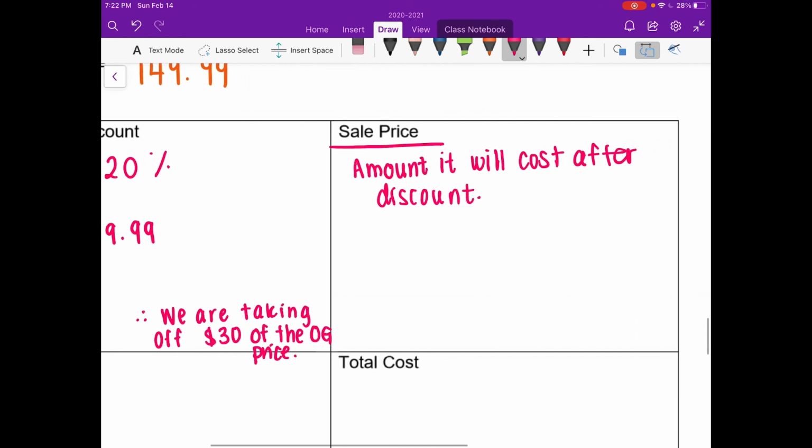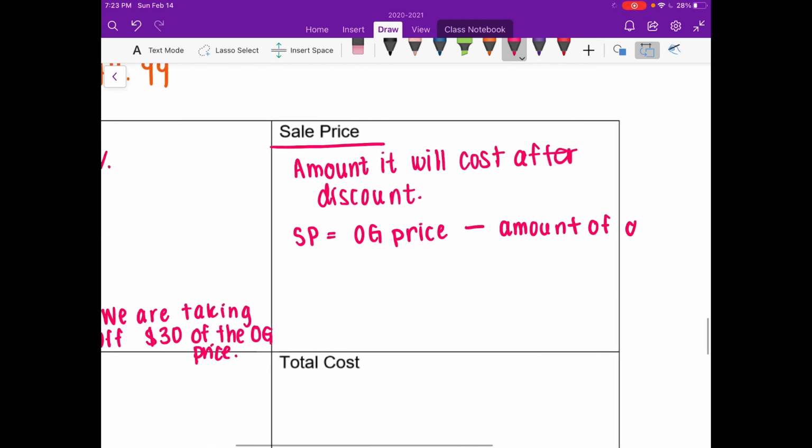Right? So if we know we're taking $30 off the original price, and we're trying to find the sale price, it's just going to equal the original price minus the amount taken off, or amount of discount. So the sale price is equal to, our original price was $149.99, right? Minus the $30 that we can now take off.